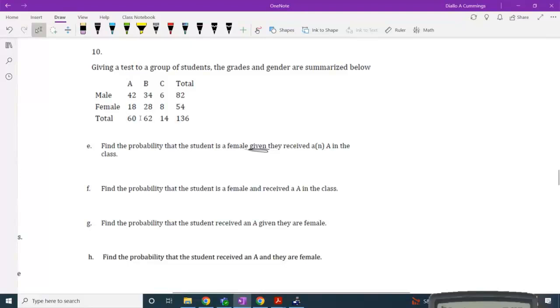The total amount of people that received A's were 60, right? So our denominator here is 60, right? Okay. Find the probability that the student is female. So how many females received A's? 18, right? So that probability is 18 divided by 60.